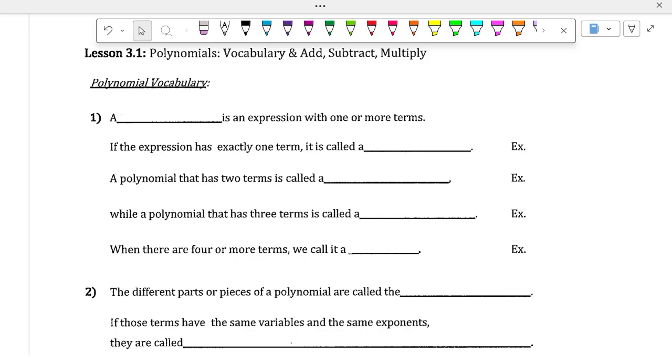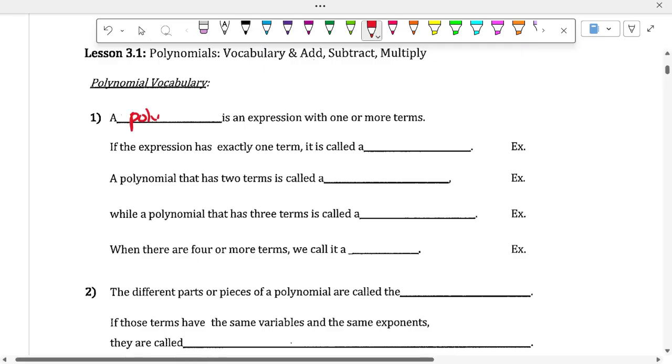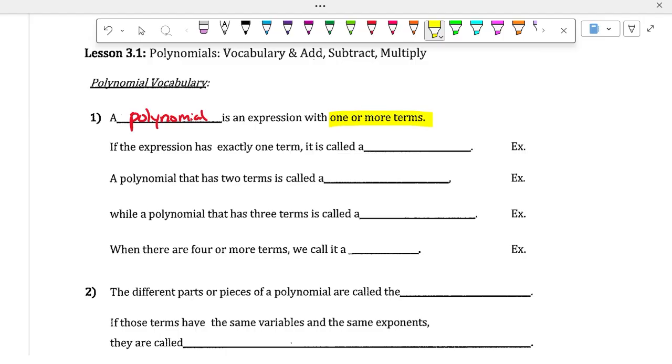A polynomial is an expression with one or more terms. Now, does anyone know what I mean by terms? Think about combining like terms.